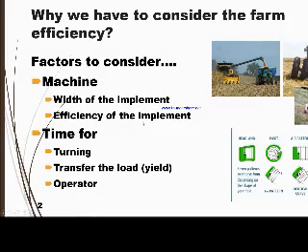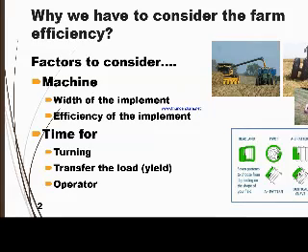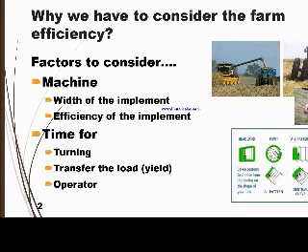And the second factor is the time factor, which is the time for turning, transferring the load or yield, and the time for the operator spending in the field. So both the times here are the main factors that are going to be considered in the field farm efficiency calculations.